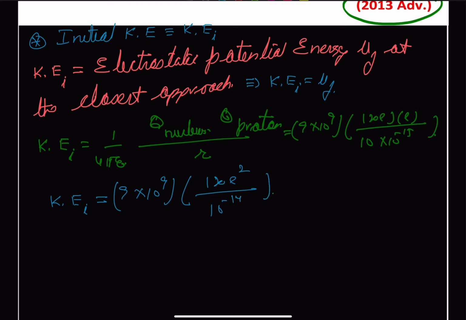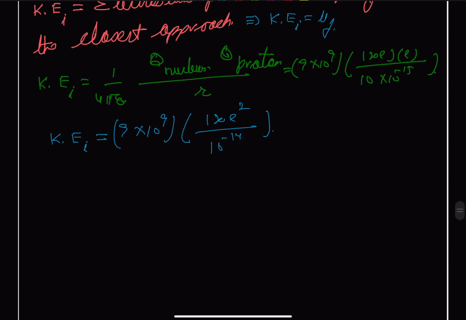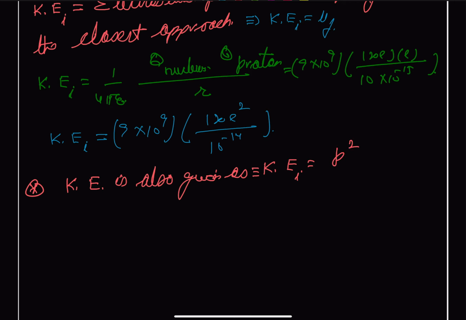Now we can relate this kinetic energy initial to the momentum. In terms of the momentum, kinetic energy is p square divided by 2 mass of the proton.